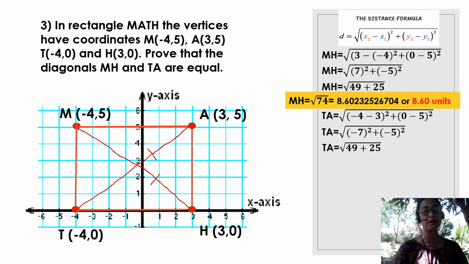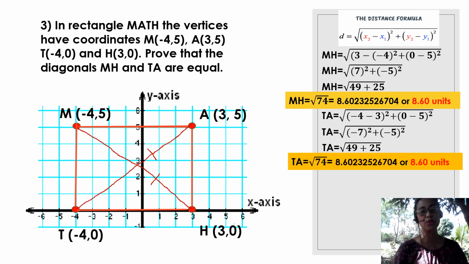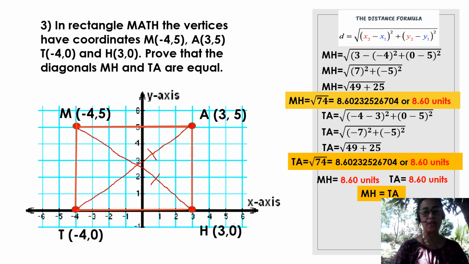Evaluating them, we get 49 plus 25, which is the square root of 74, equal to 8.6023252670, or 8.60 units. Since segment MH is 8.60 units and segment TA is also 8.60 units, therefore segment MH is equal to segment TA.